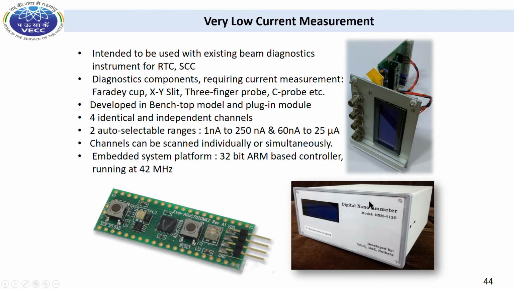So a very low current measurement instrument is developed for this purpose. This instrument has 2 auto-selectable channels that measure current from 1 nanoampere. This instrument is used for measurement of beam current in Faraday cup, slit, and internal current probe of the cyclotron.